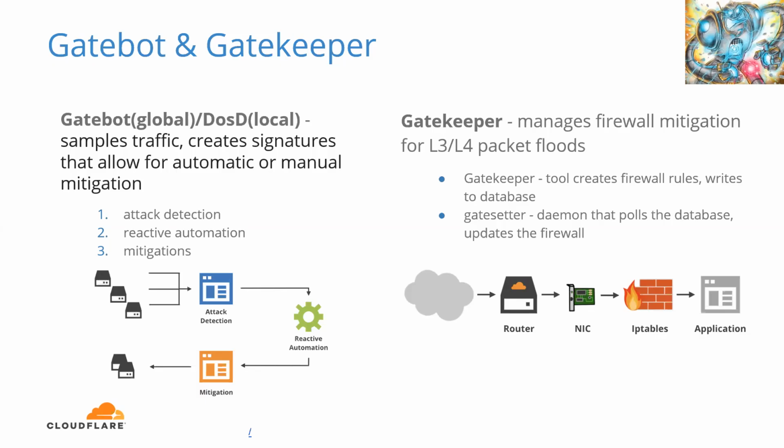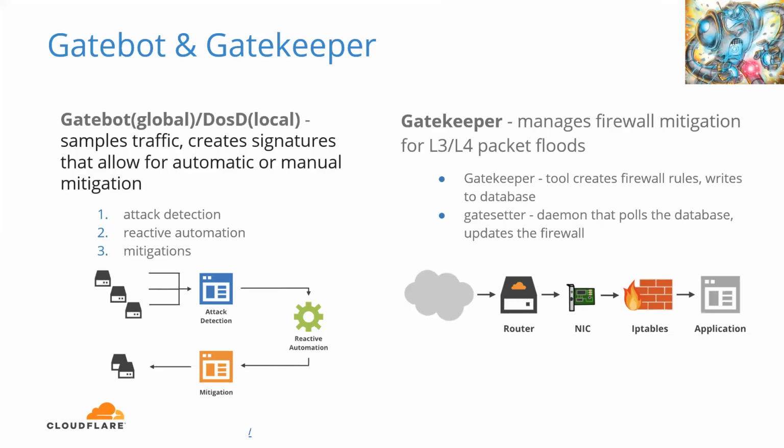So in situations where there is a targeted attack that is not caught by Gatebot and Gatekeeper, our SRE will definitely do a semi-automated mitigation in order to protect our network. But in most cases, Gatebot and Gatekeeper will take effect first, even before we do any mitigation.